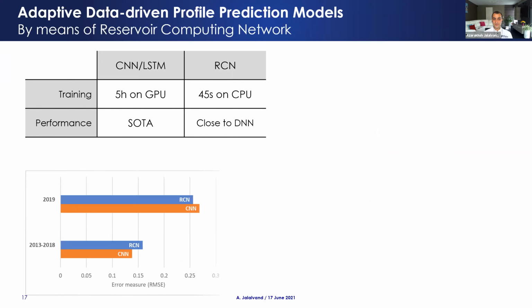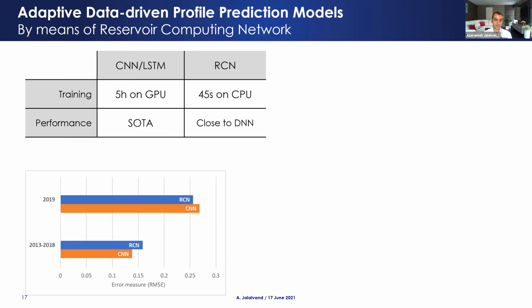And then we thought, okay, let's try reservoir computing. First of all, training a reservoir computing of, I believe, like 500 nodes took only 45 seconds, and not on HPC, on a single CPU, a typical i7 CPU on a desktop computer.